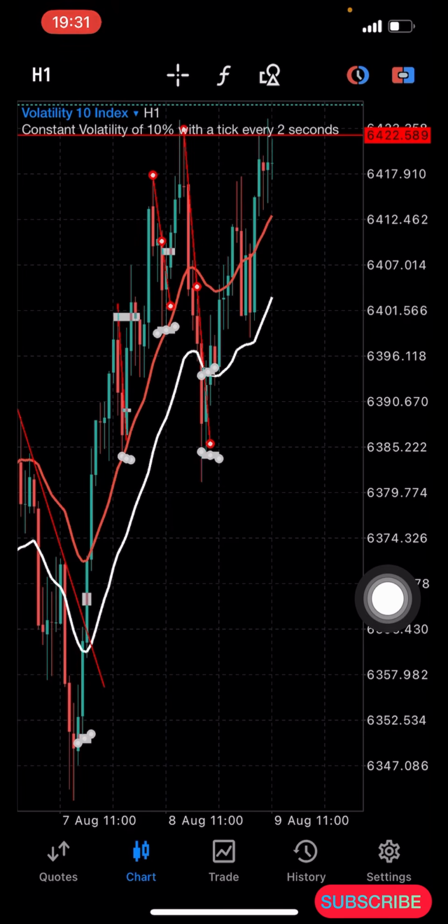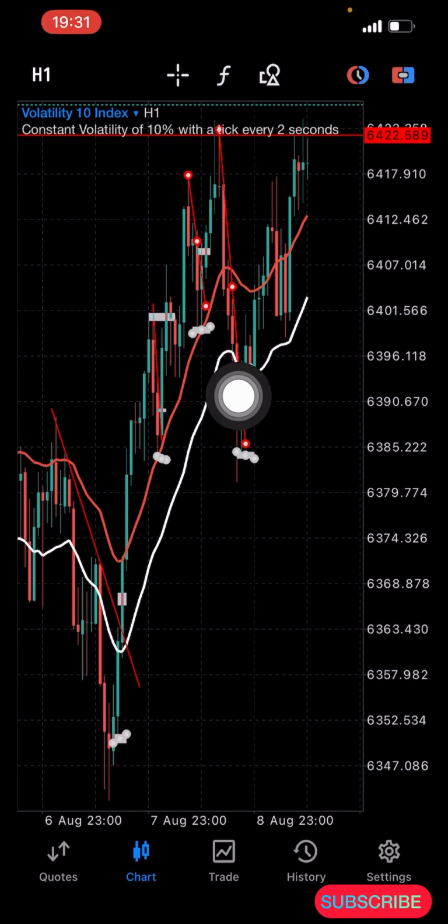But most importantly, it's not going to work every time. So just make sure you are looking out for the buy entry once it's above the red moving average, and when it comes back for a pullback and fails to break below the white moving average, that is a good buy entry for you.